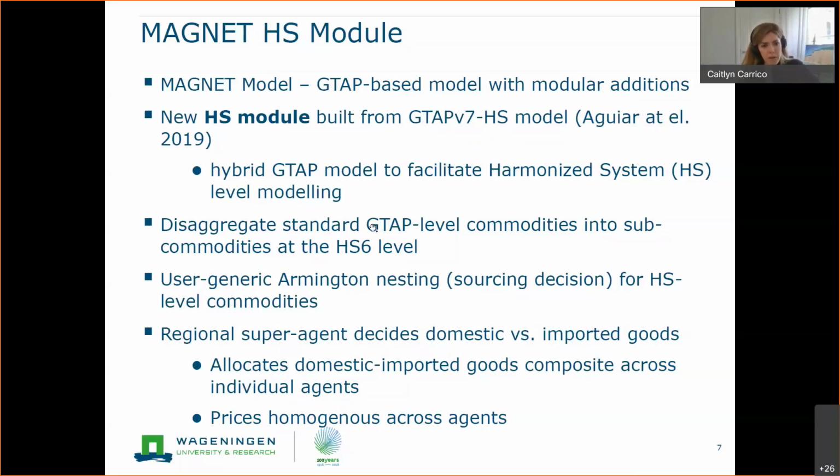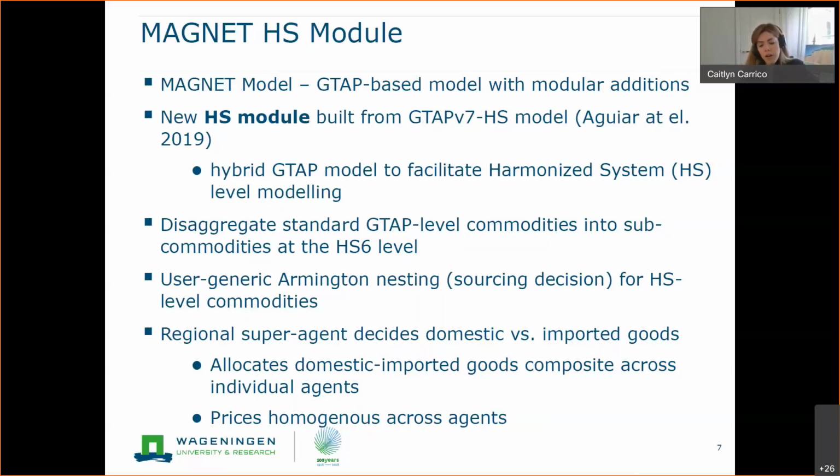So we adapted this GTAP model into a module for the MAGNET model. And what we can do with this is that for a given GTAP level commodity, we can disaggregate it into these HS level commodities. We can do this at the HS6 or the HS4 level. Here we're going to do it at the HS6 level.